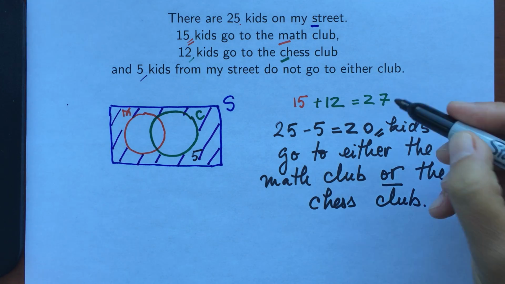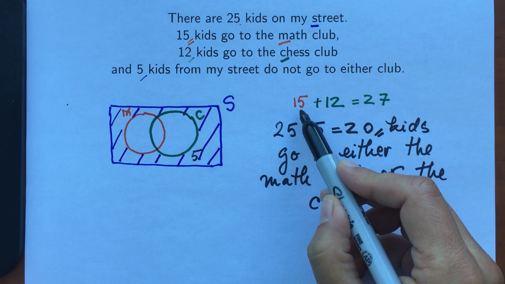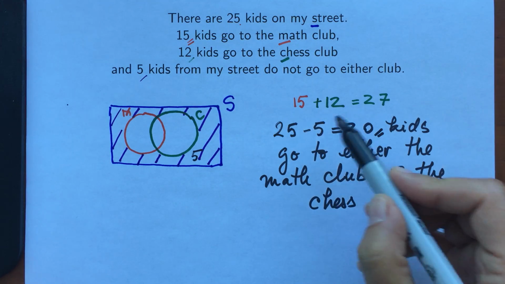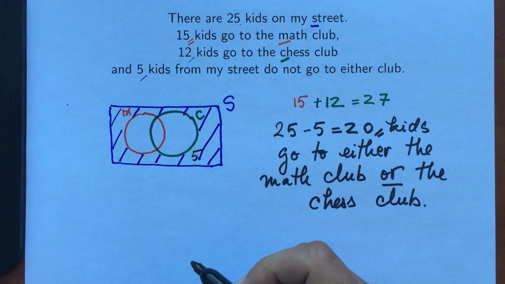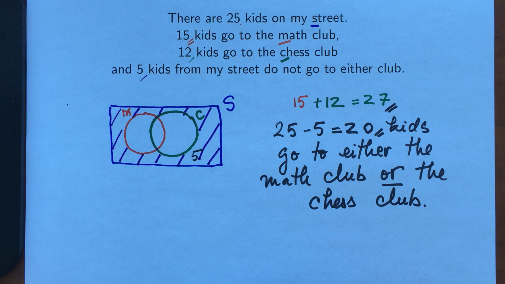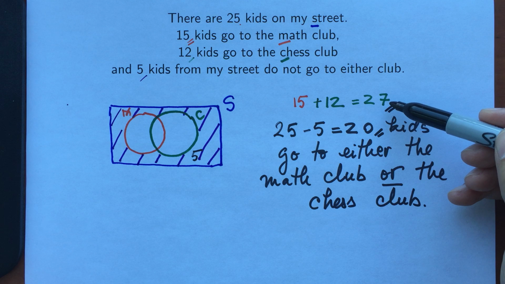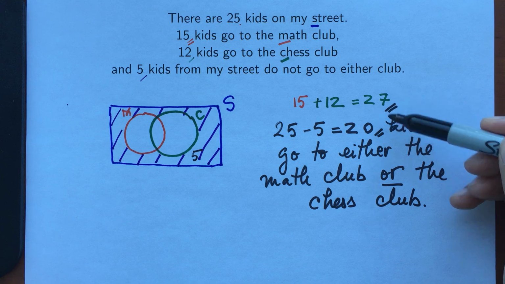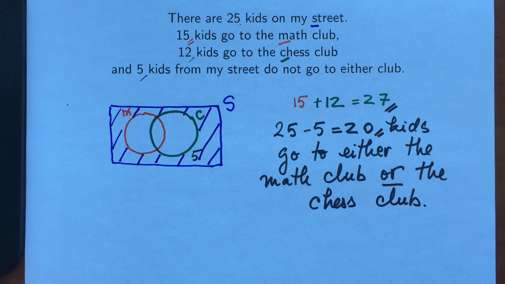But if we add the number of kids that go to the math club, which is 15, plus the number of kids that go to the chess club, which is 12, we end up with 27 kids. So how can we represent in there 27 kids when we know that there's only 20 kids in that area?